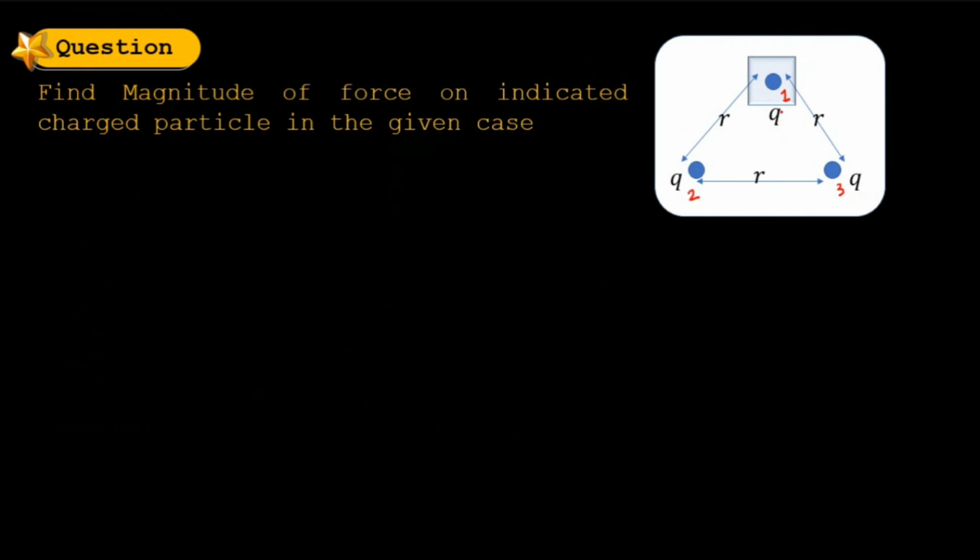All right. As the distance between each charge is r, which type of triangle are we getting from this particular configuration? Tell me. Which kind of triangle is it?